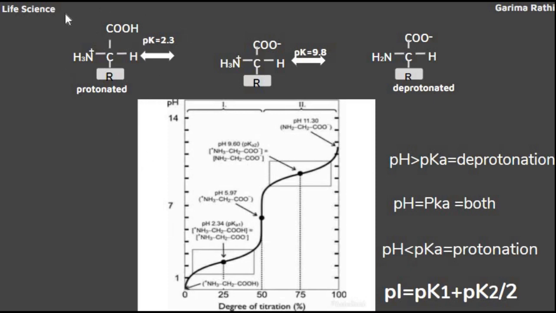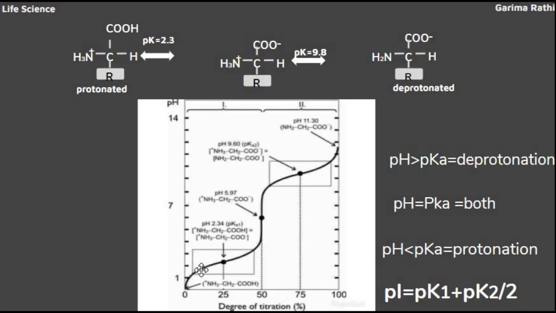So at a very low pH, the amino acid acts as a strong base. Because they act as a base, both groups receive the proton, and the carboxylic group and amino group are present in the protonated form.